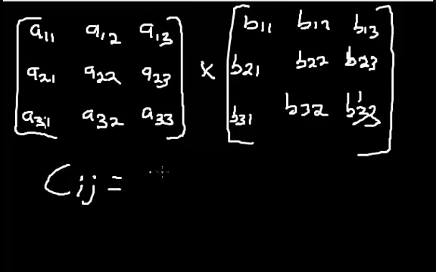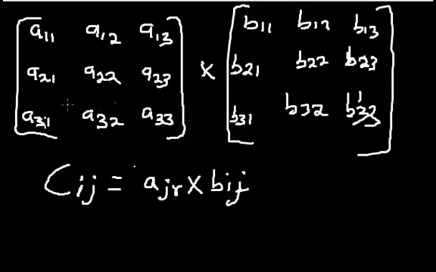So my product is going to be C, the product of these two matrices, and it is gotten from A_ir times B_rj. This is just an illustration.